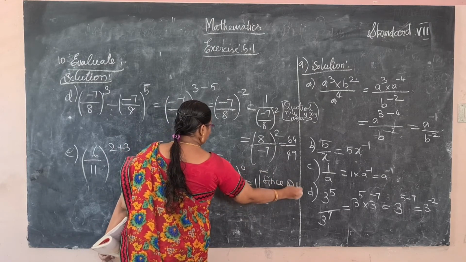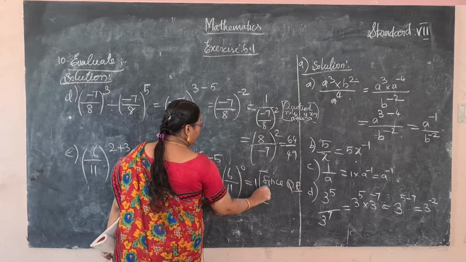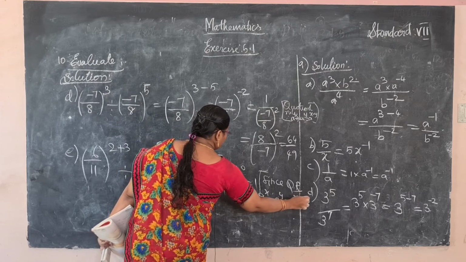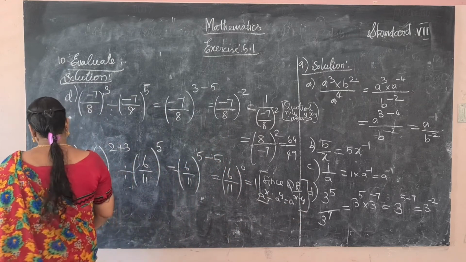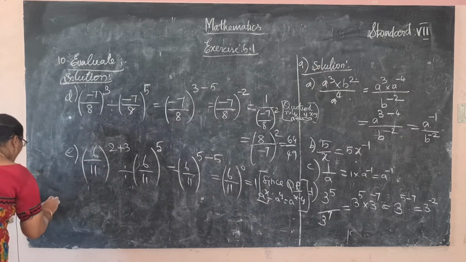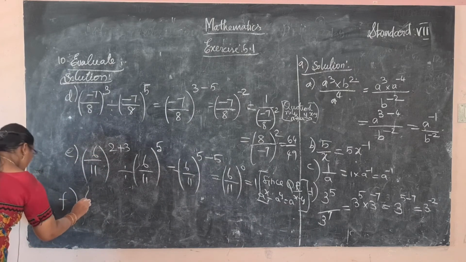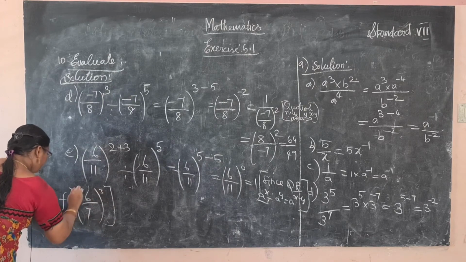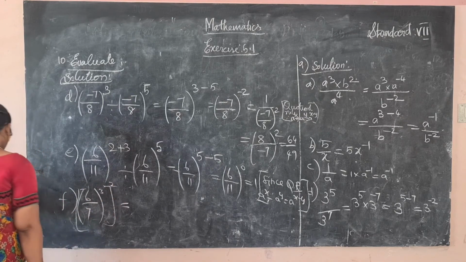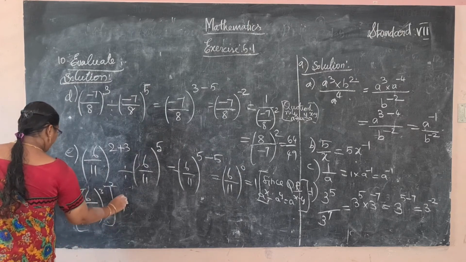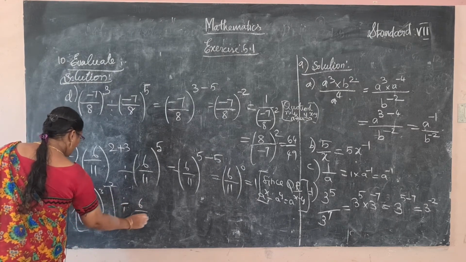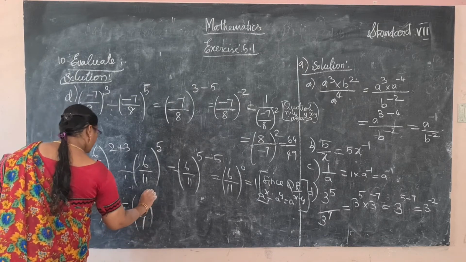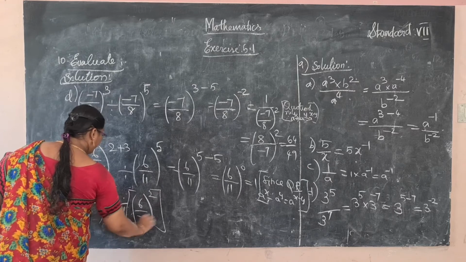Quotient rule, what is the rule? A power x divided by a power y is equal to a power x minus y. And F, 6 by 7 the whole power 3 the whole power 2 is equal to 6 by 7 the whole square the whole power 3.